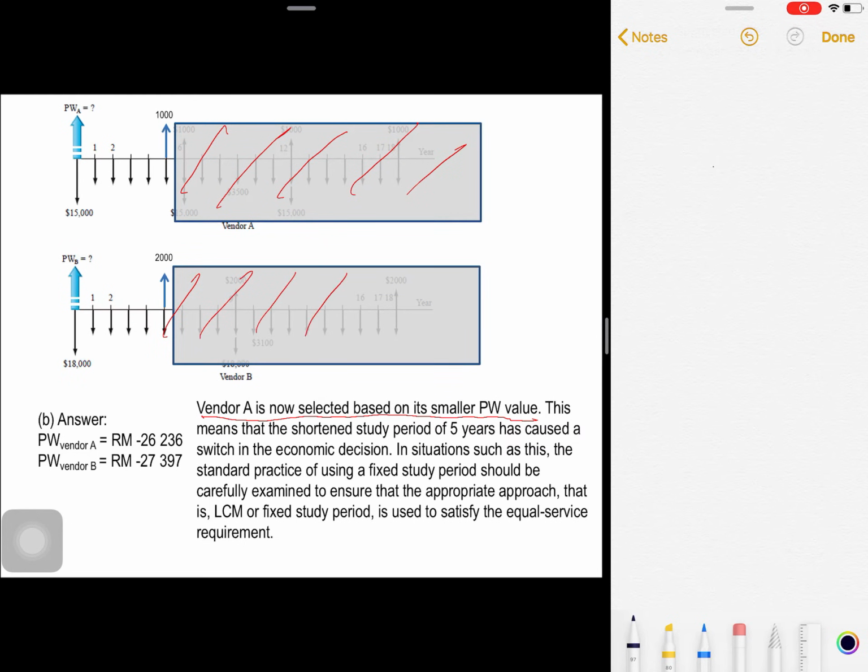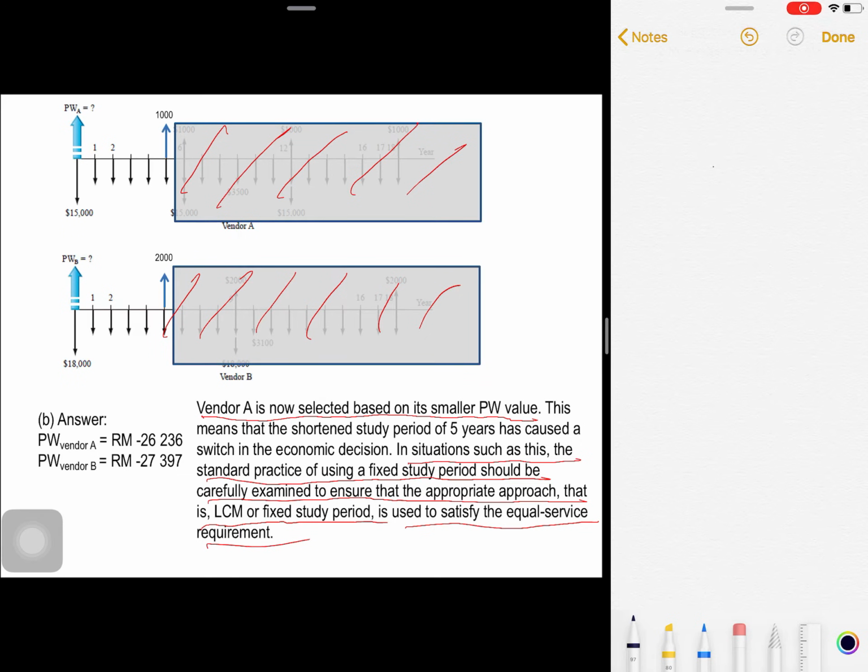If we have this kind of selection, it means that the shortened study period of 5 years has caused a switch in the economic decision. In situations such as these, the standard practice of using a fixed study period should be carefully examined to ensure the appropriate approach, that is, LCM or fixed study period, is used to satisfy the service requirement.